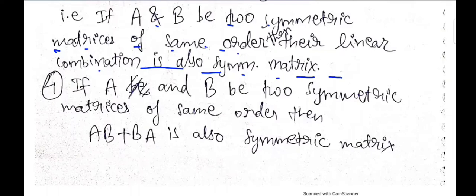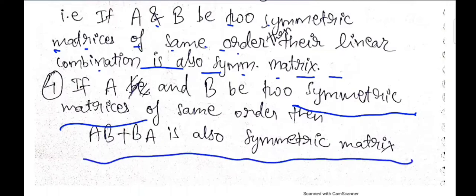So if I say that they are symmetric matrices, it implies they must be square matrices also. So this is the property: if A and B are two symmetric matrices of the same order, then AB plus BA is also a symmetric matrix. This you will have to remember.